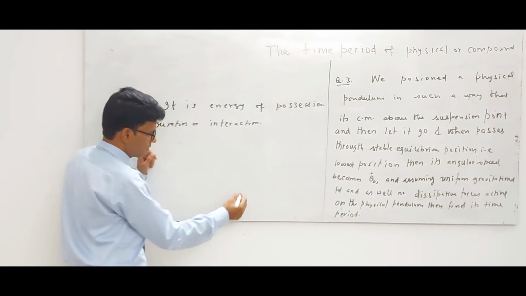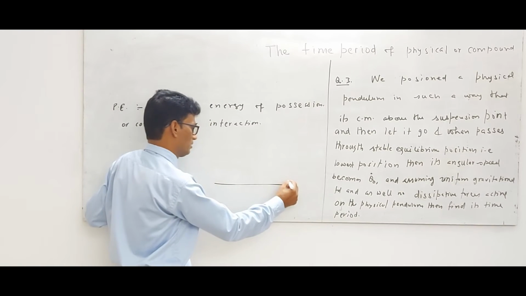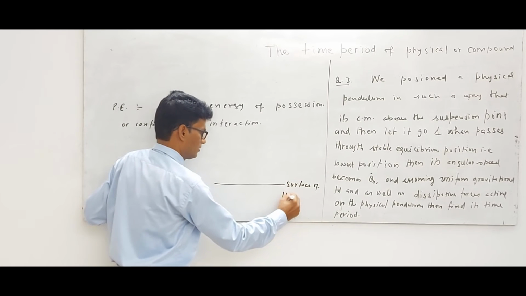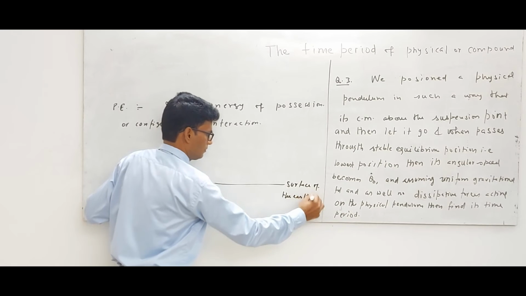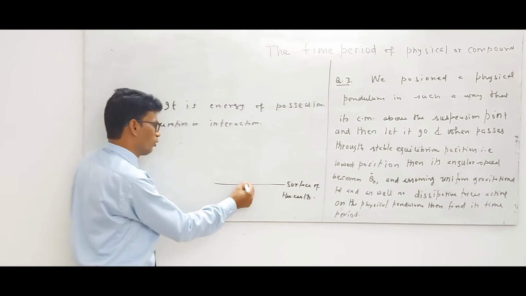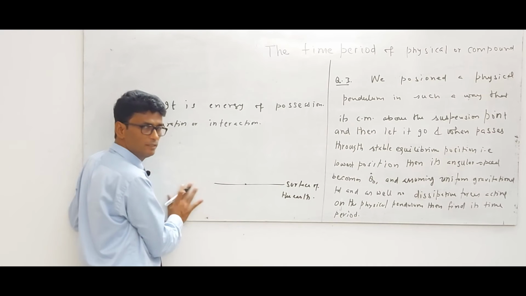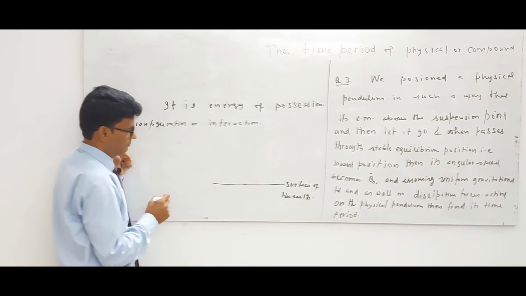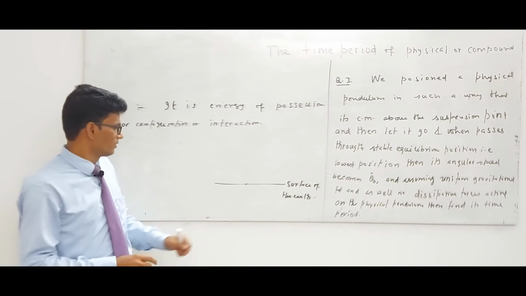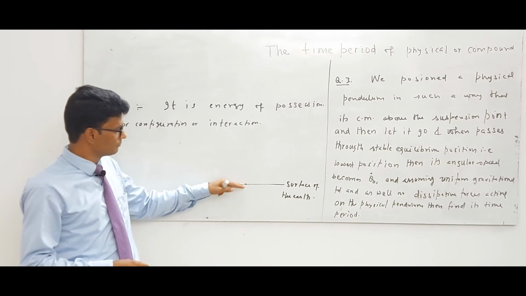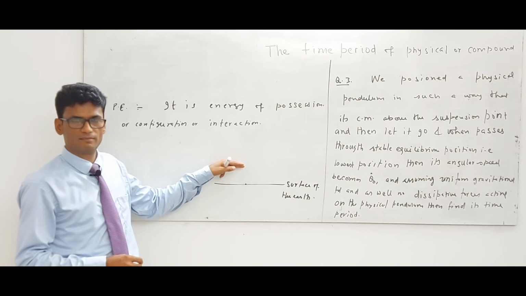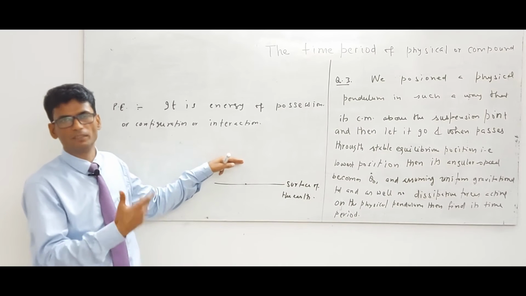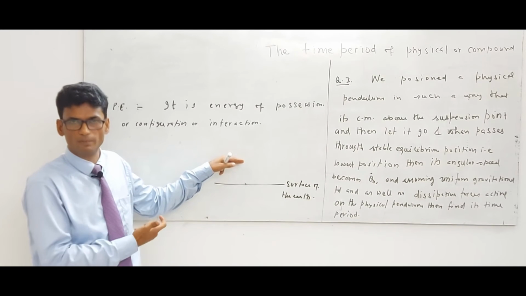Next, suppose this is the surface of the earth. Now a small body is taken away very slowly, such that if we take it away a few centimeters, it will take million years or billion years or trillion years, maybe more.